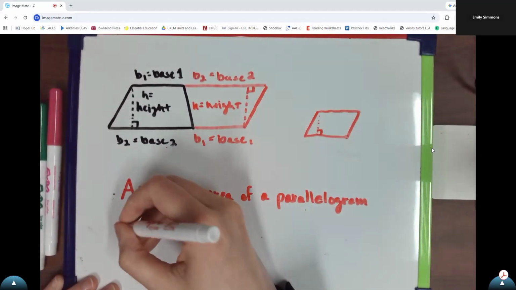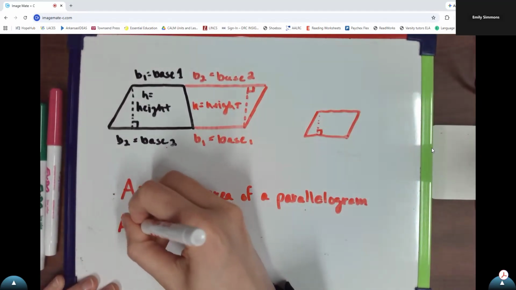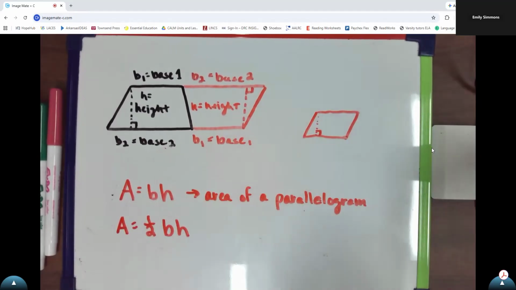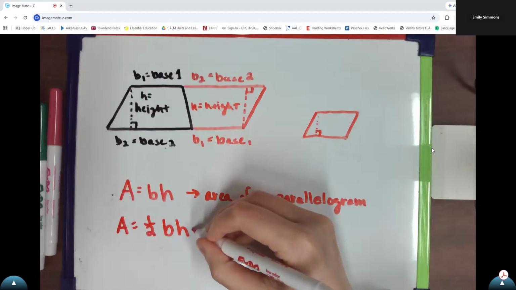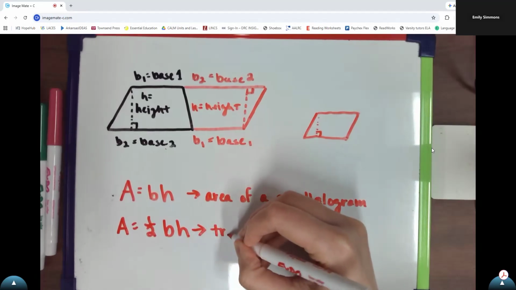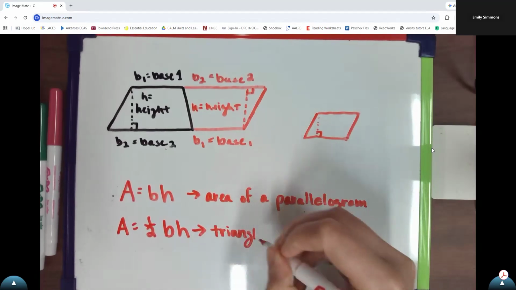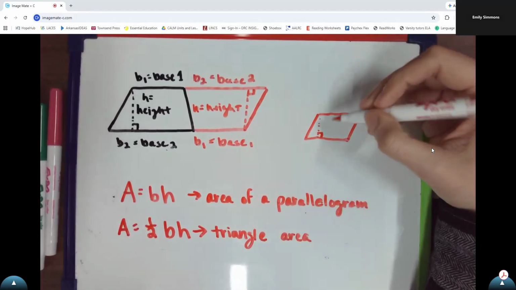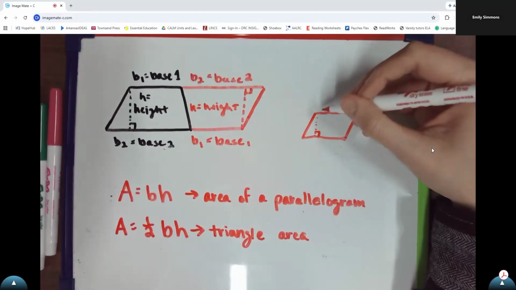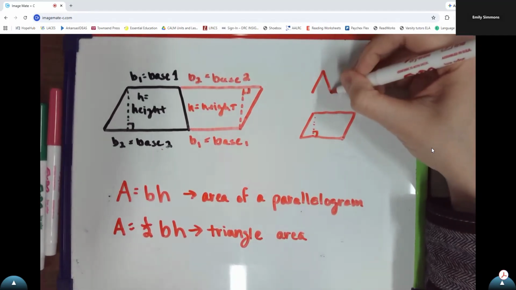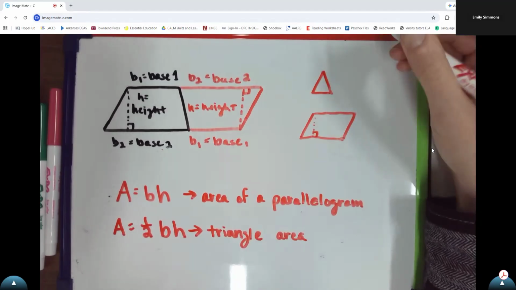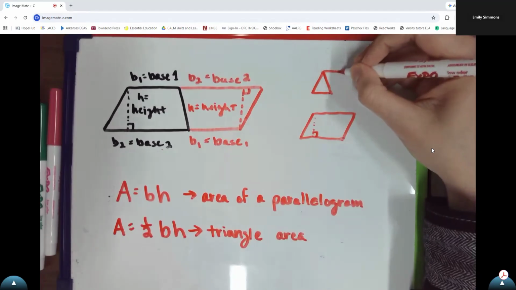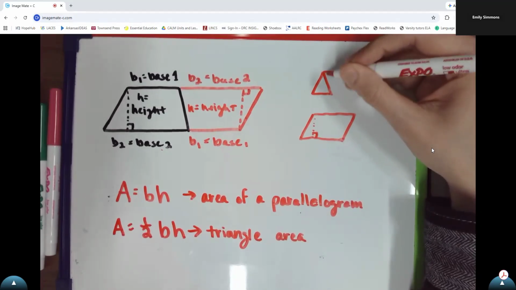Then we have here on that picture A equals 1/2 times base times height, which is the formula for the area of a triangle. The reason that works is a triangle on its own is half of a parallelogram if it was cut diagonally.